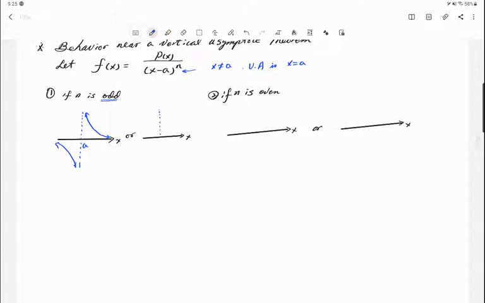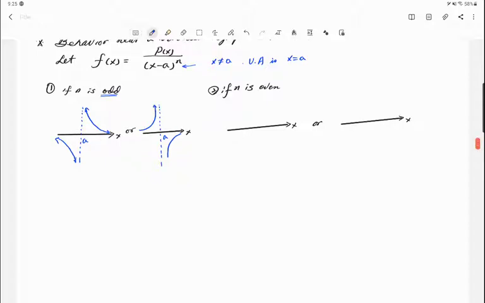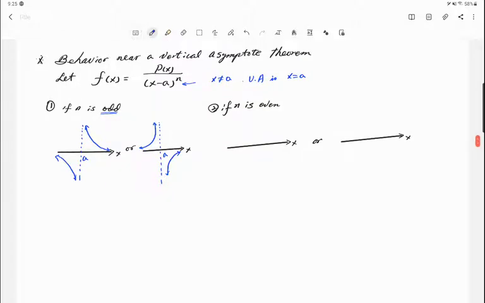So let's say this is a vertical asymptote, and if one is on the upper left corner like this, then the other one is on the lower right corner. So this is the graph. Can you see it? So if the exponent is odd, it looks like this.